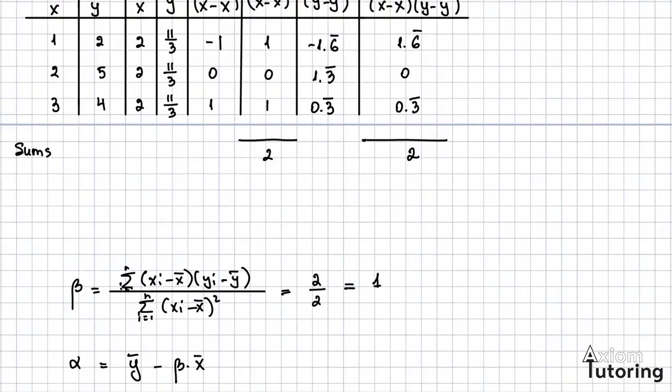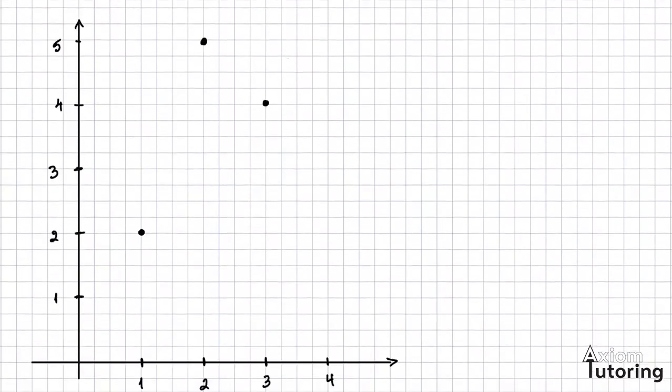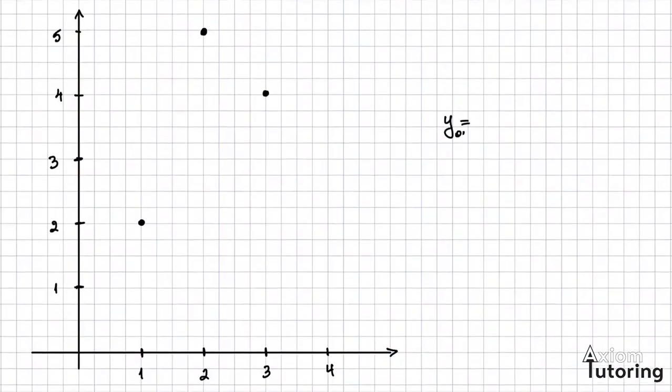Then I will use once again a formula for the intercept, and that is going to give me y bar minus beta times x bar, which is simply 1.66666, but we're going to approximate here as 1.67. Now, what that means is basically that my OLS line should look something like 1.67 plus x. Keep in mind, the slope is just 1, but I don't need to write that. Okay. How will this line look?